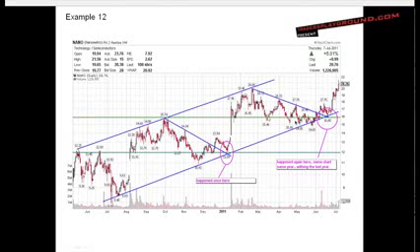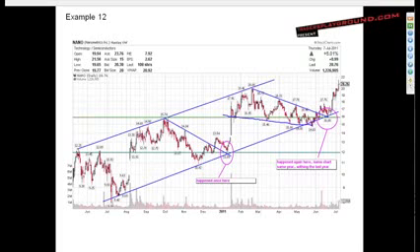So at first glance, can everybody still see my screen, Frank? Yeah, I can still see it. Okay, let me draw something here. At first glance, this looks like a support break, but in hindsight, there's actually another trend line forming right here. Does everybody see that?